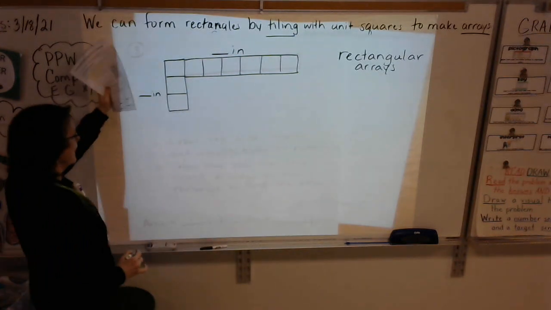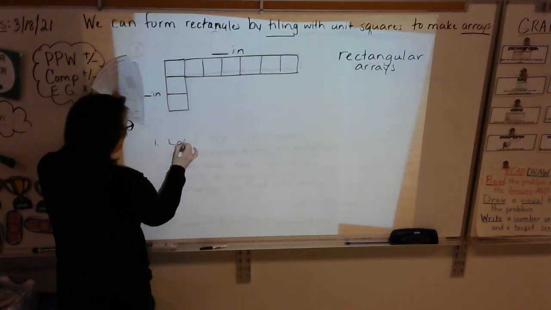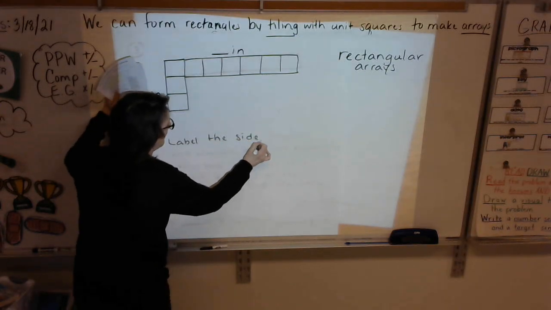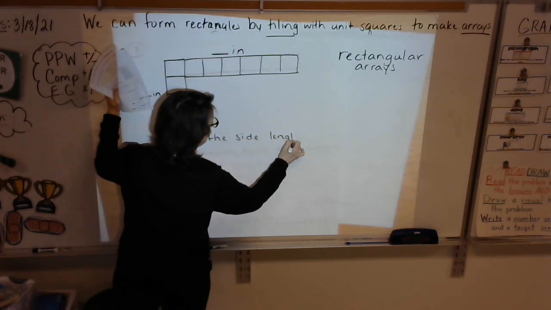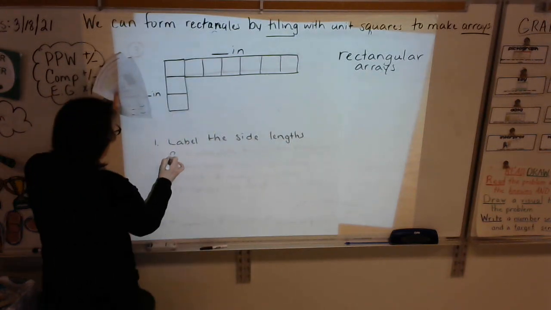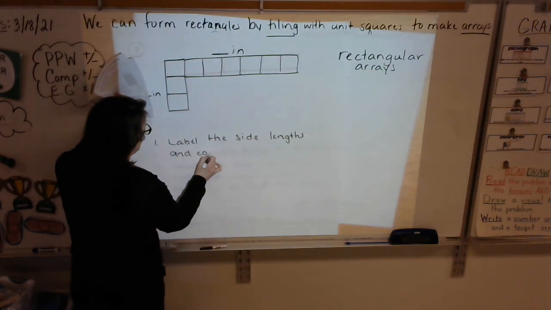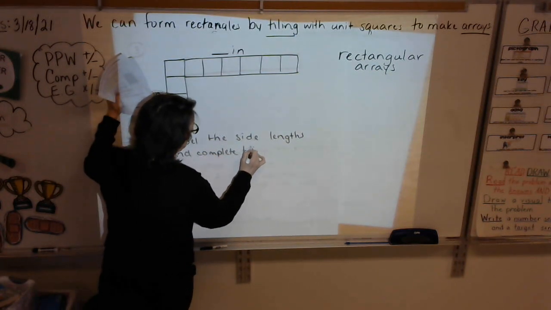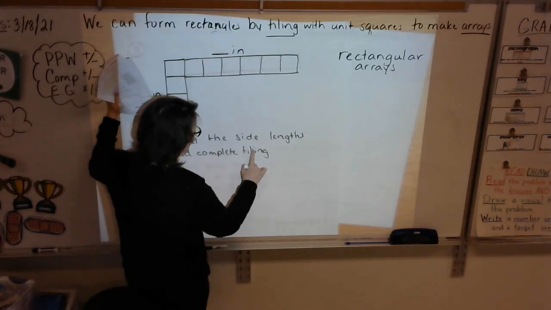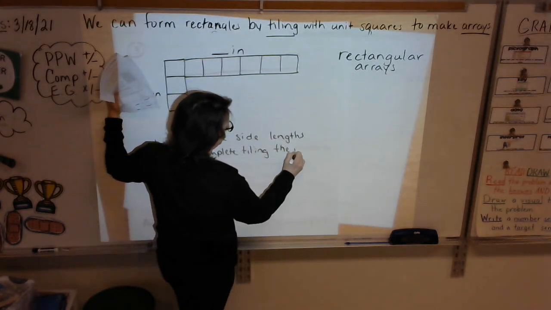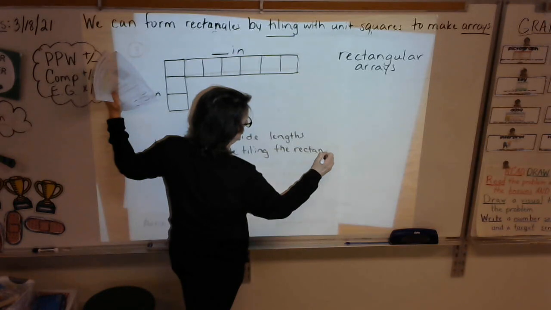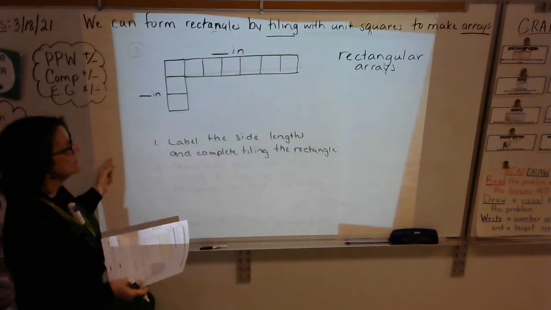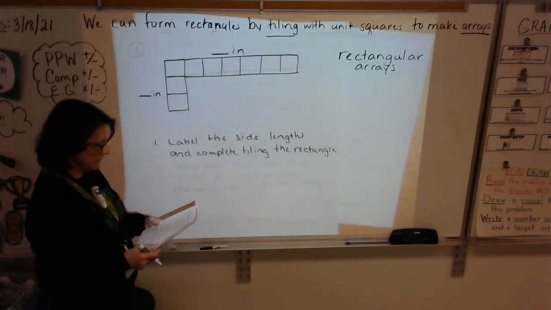And then the directions say, label the side lengths and complete tiling the rectangle. All right, so we have enough information there. Even though we're given no numbers, we have enough information to label our side lengths.